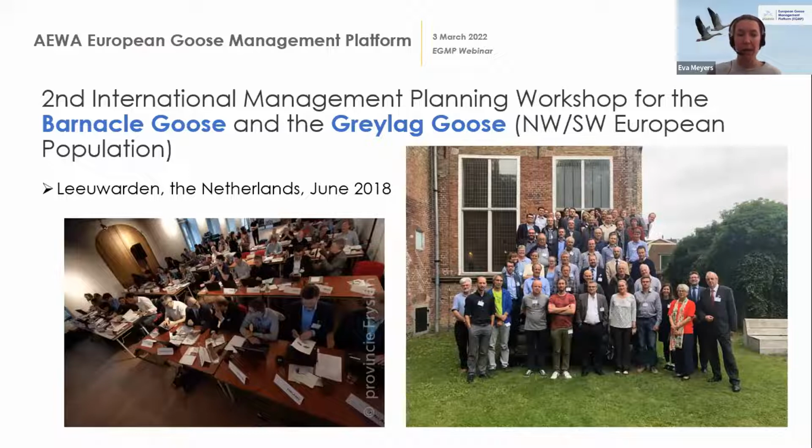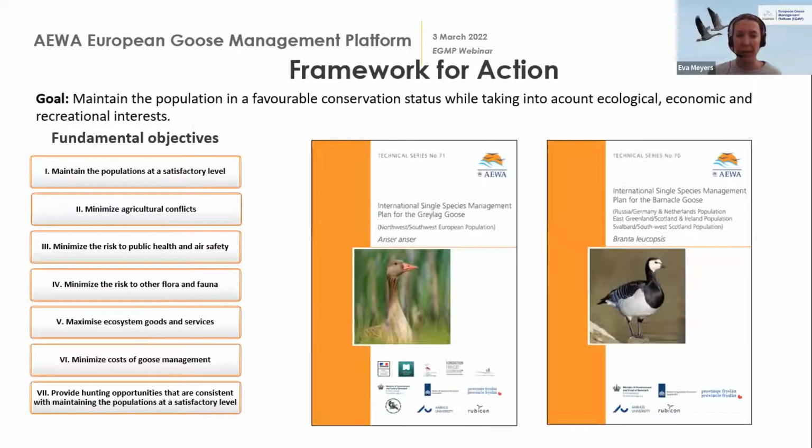That was one of the reasons why the barnacle goose and grey-lag goose had this parallel process in the development of these plans, and ended up with a very similar framework for action tailored to each species, considering their legal status as well. The goal for both of these plans is to maintain the populations in a favorable conservation status while taking into account ecological, economic, and recreational interests.